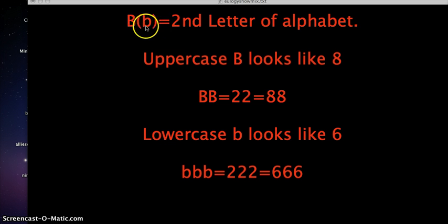An uppercase B looks like an 8, so 22 would actually be an 88, or 222 would actually be an 888. Also, the lowercase b looks like a 6. So three twos can also equal three sixes, or three eights.